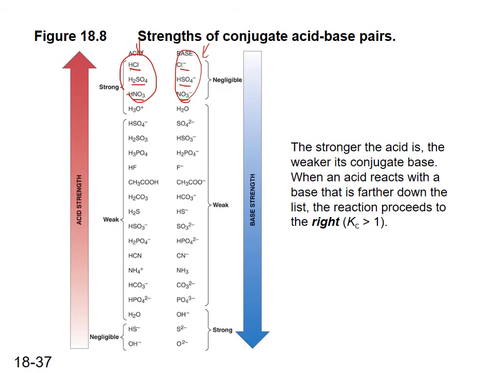On the other hand, water is a very weak acid, but its conjugate base, hydroxide, is very strong. So acids and their conjugate bases are opposite: if one is strong, the other must be weak.